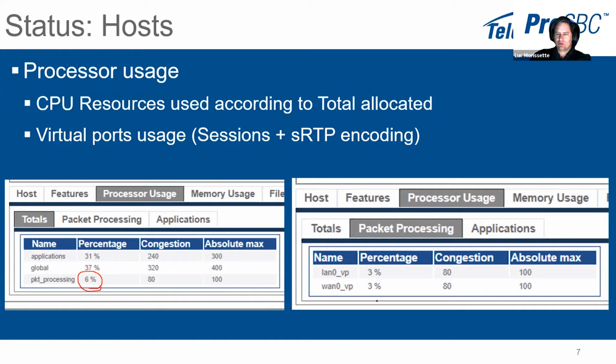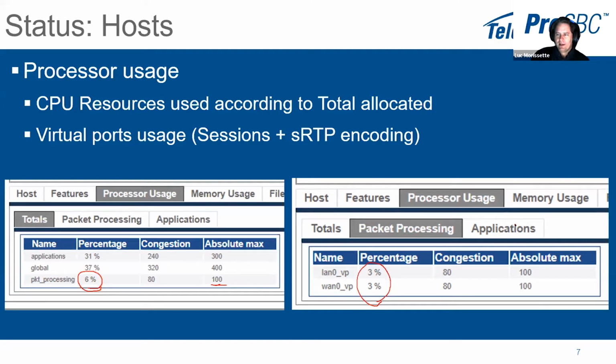This is in total, and this is per interface. You see that there is 1 core associated with the processing of these packets. This will go up if you have a lot of RTP traffic through the system, or if you need to do RTP to SRTP conversion. So this will be used on the system.